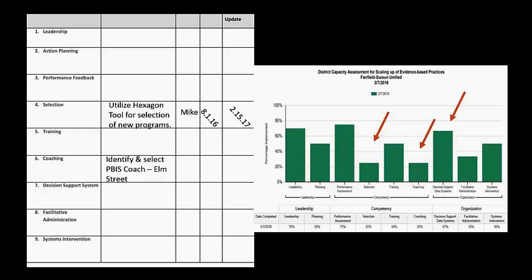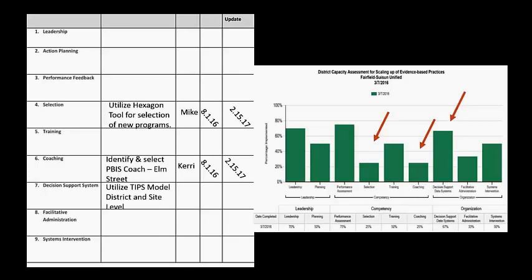So you might have several schools that rated themselves, but in this sample, Elm Street may not have had a coach for implementation of PBIS. So our focus for Elm Street would be on giving them a coach or getting a district level coach connected with Elm Street. Carrie will work on that. It will be done by August. And then again, we're going to update when we do the DCA again in February.